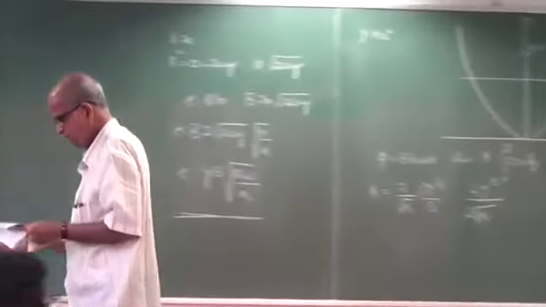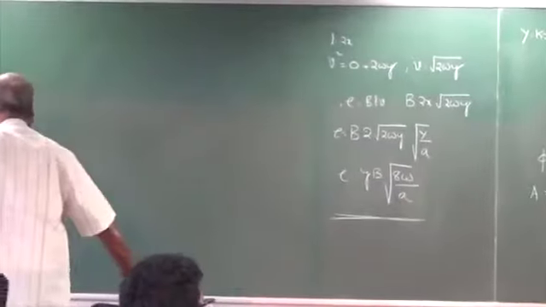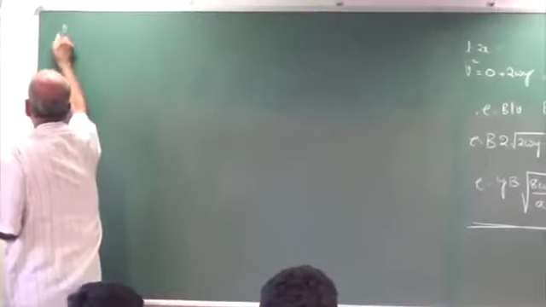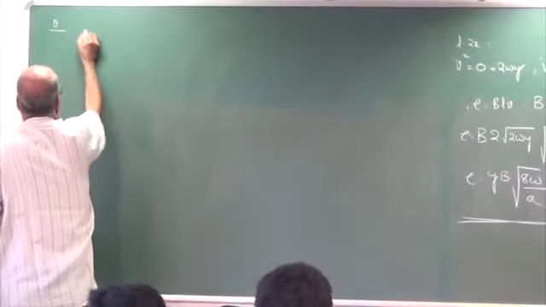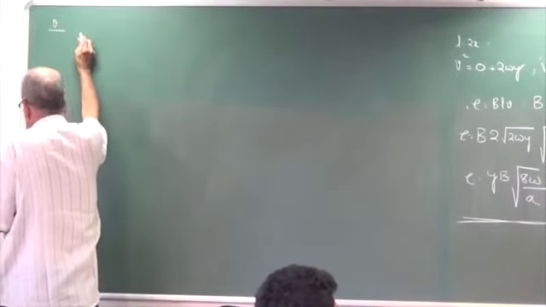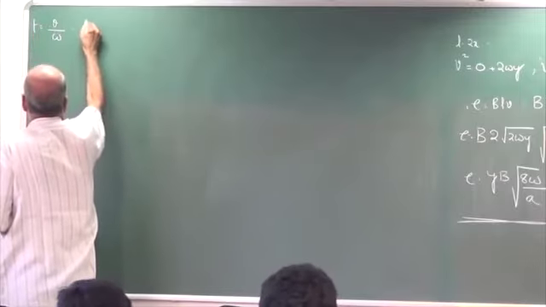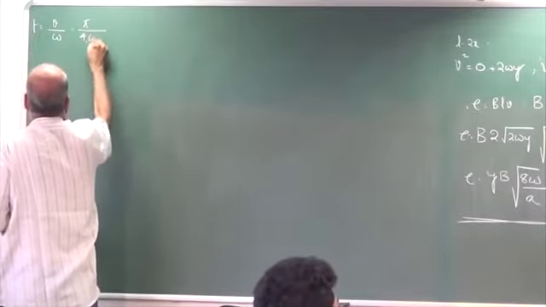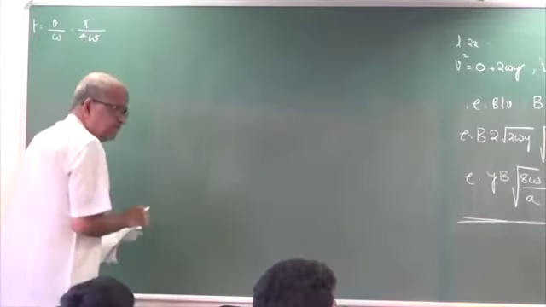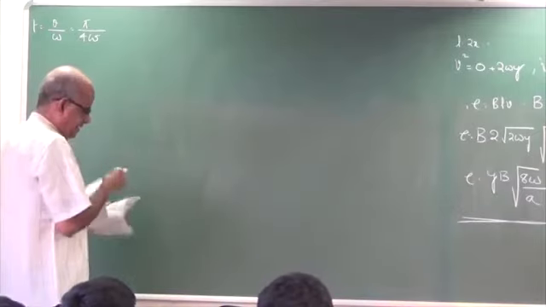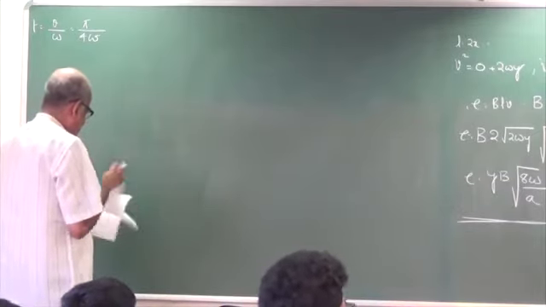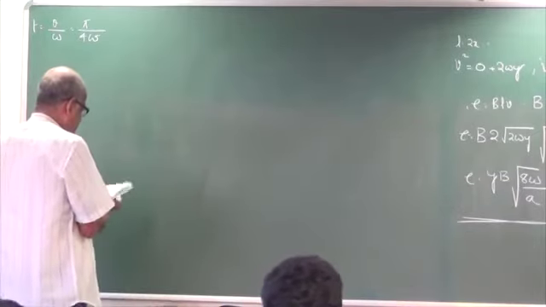Now, theta equal to omega t, correct now? So, t is equal to theta by omega. Theta he says is pi by 4 radians. Will you agree? In a time interval of pi by 4 radians, he says.